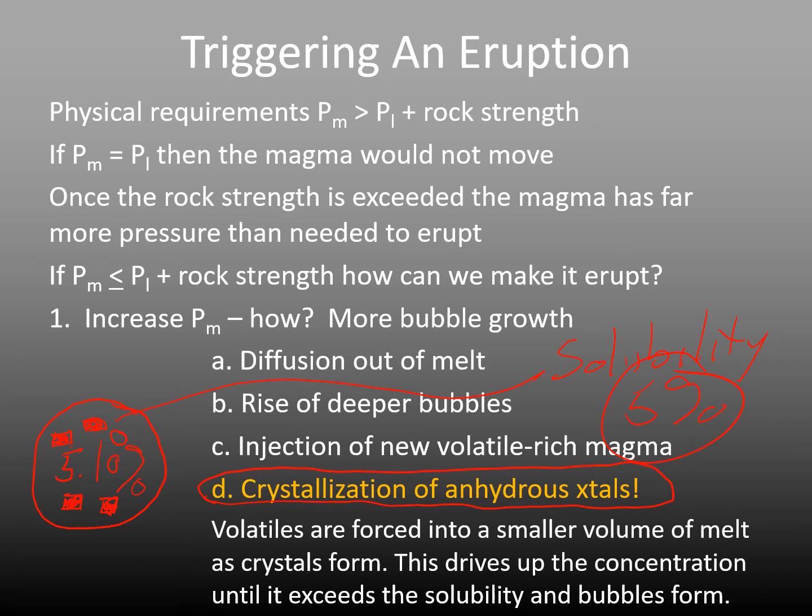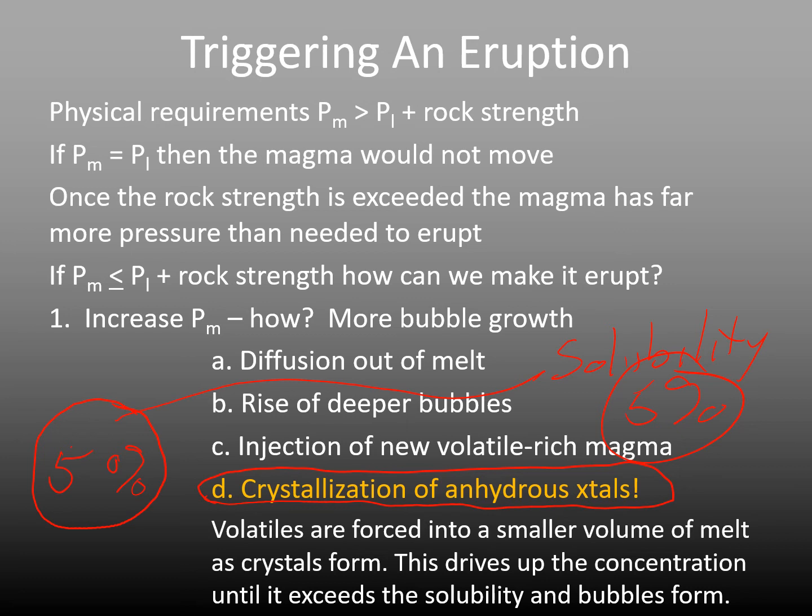I mean, think of it this way. If you had a magma, let me get rid of all these crystals here. You had a magma that had 5% volatiles and no crystals, okay? The concentration of volatiles is 5%.